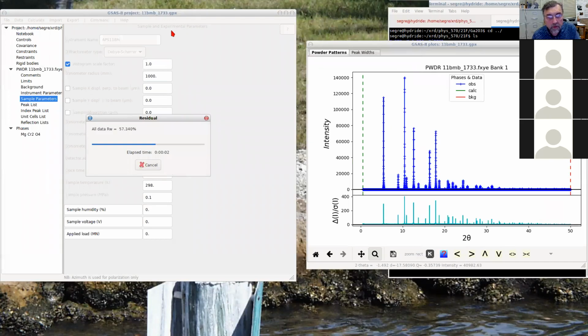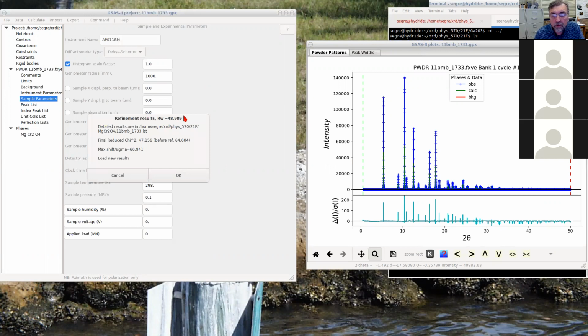And so it's going to refine, and you can see that it reports some value. So there's a 48.9898 weighted profile, which is very poor. You need to get much better than that.